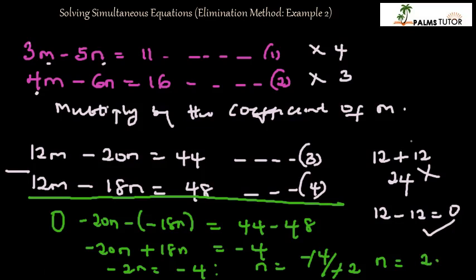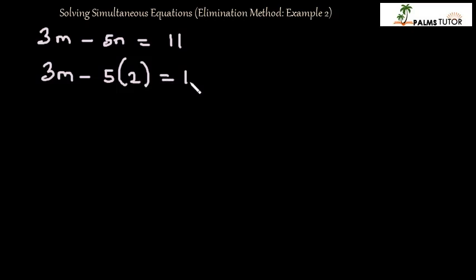That's the first step. So we go ahead and substitute the value of n that we have gotten into any of the equations. I pick equation 1. So equation 1 is 3m minus 5n equals 11. You can actually use any of the equations. Now, I have 3m minus 5n equals 11, so we put the value of n equals 2 in.